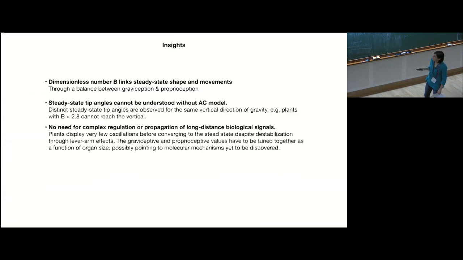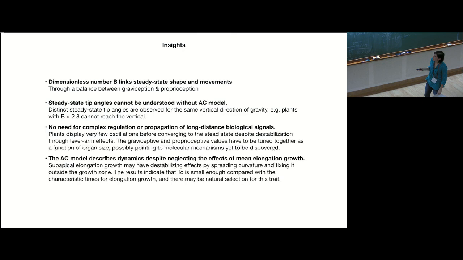And sorry, the last point. Yes, this worked pretty well while we were neglecting something like, you know, the elephant in the room, although it was raised many times, the role of elongation. We completely disregarded it, okay? And we're saying that it's a driver of movement and so on. And even though we disregard this, we're still able to capture the dynamics with this super simple model, okay?